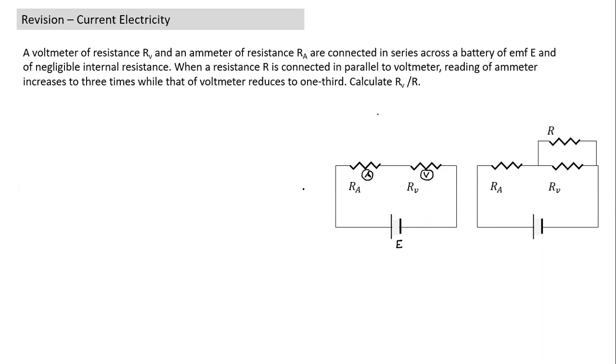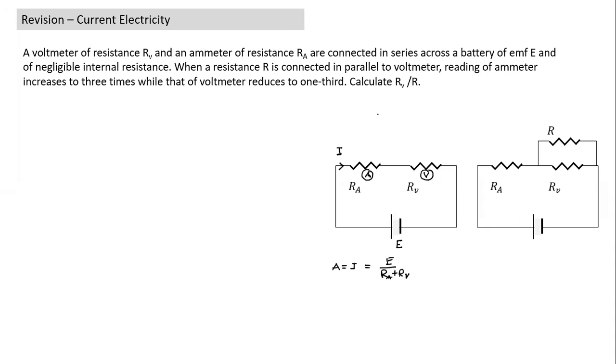Let's understand what this question means here. Initially, what is the ammeter reading? When we connect, there's some current I flowing in the circuit. The reading of the ammeter is the I value. So the ammeter reading is I, which is E divided by RA plus RB.